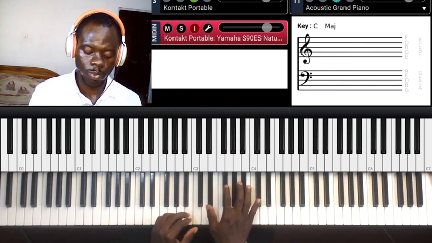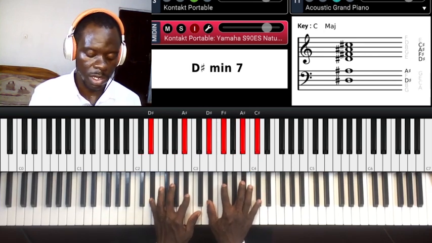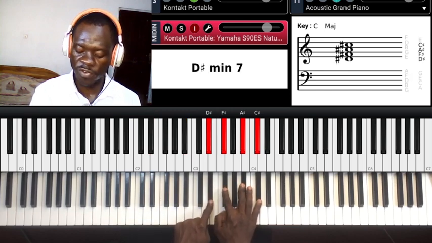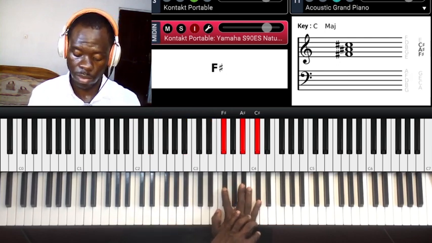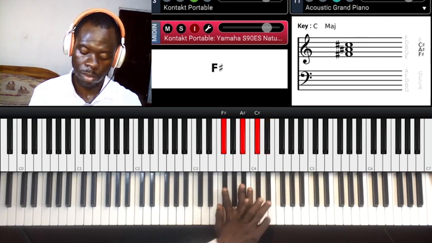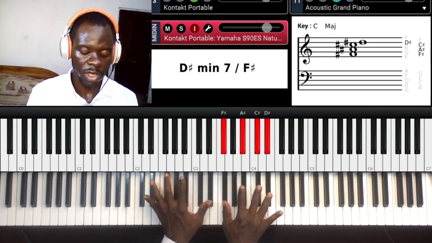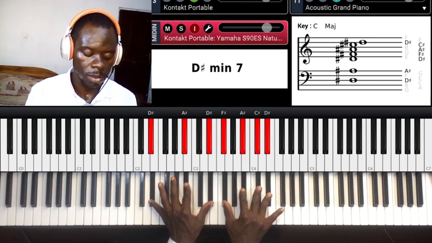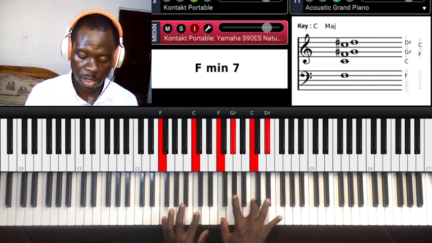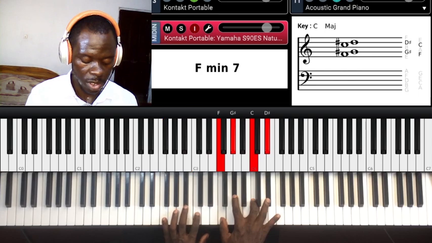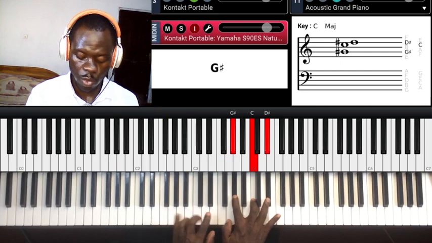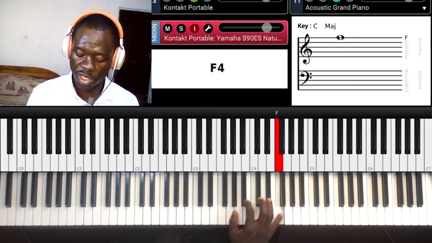Okay, so the second chord, we move the E flat here, and then we get this. We do the same for this chord, and then we move the F here.